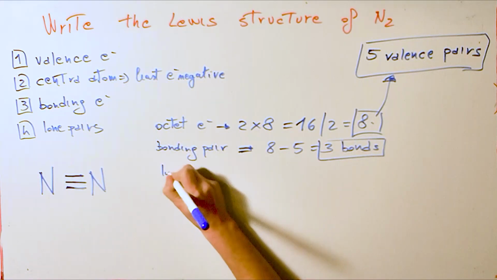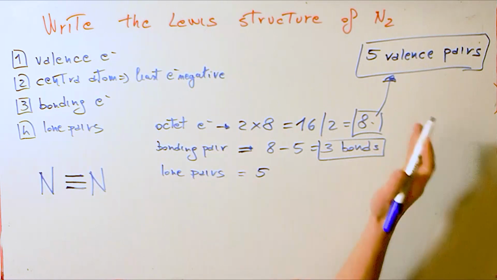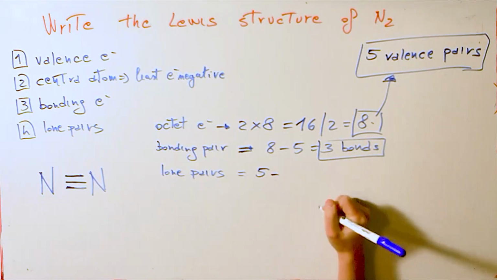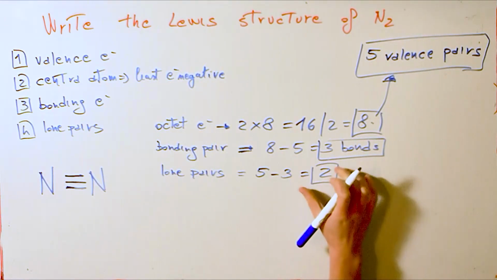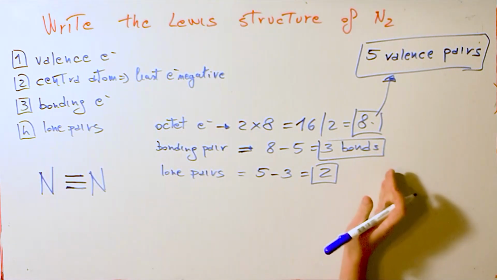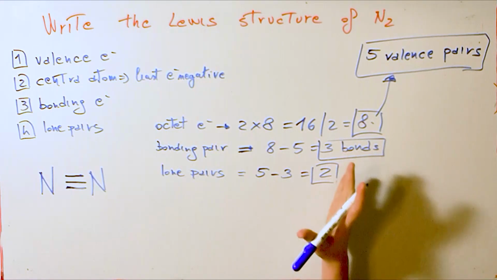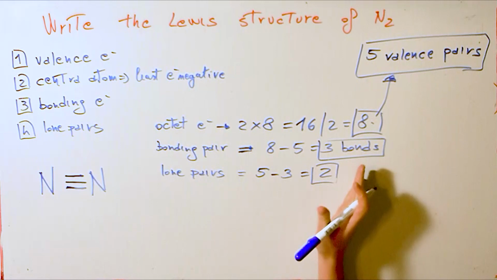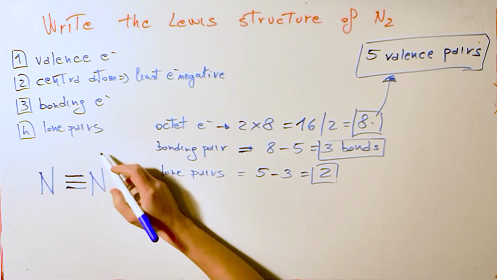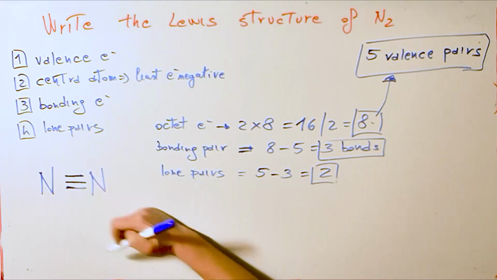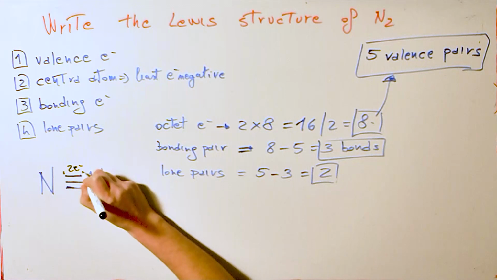This is pretty simple because it's the difference between the valence pairs minus the bonds or the bonding pair, which is 3. So we have to settle these 2 pairs of electrons. Where we can put it? We have to put these 2 pairs of electrons in a manner that each atom will observe the octet rule. So how many electrons we have around this nitrogen? We have 2 electrons coming from each bond, okay?